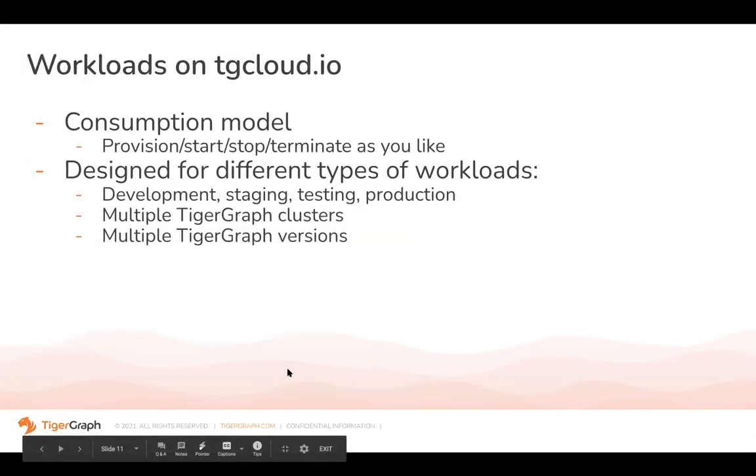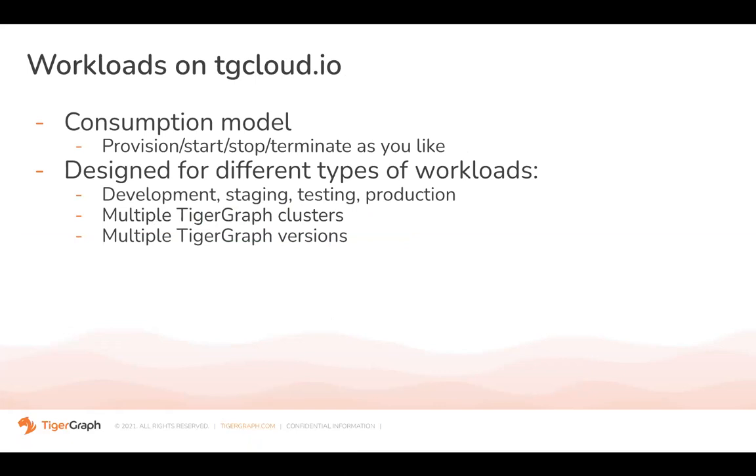All right, so one thing that I want to talk about is, on tgcloud.io, you can have many different workloads because of the consumption model. You can provision the instance, start, stop, and terminate as you like. And of course, you can have all different types of clusters, designed for development, staging, testing, and production purposes.